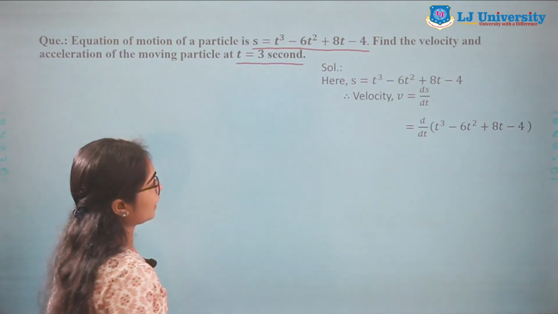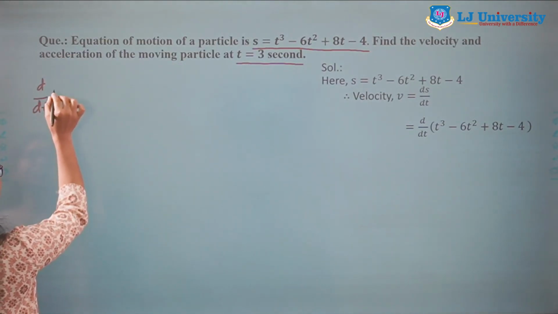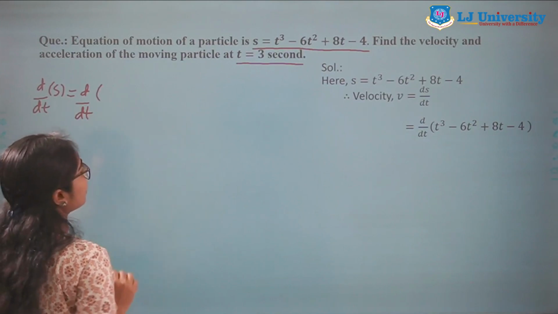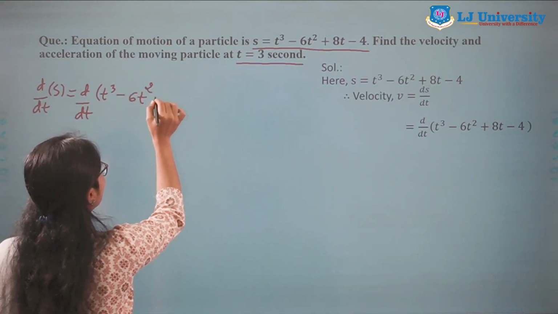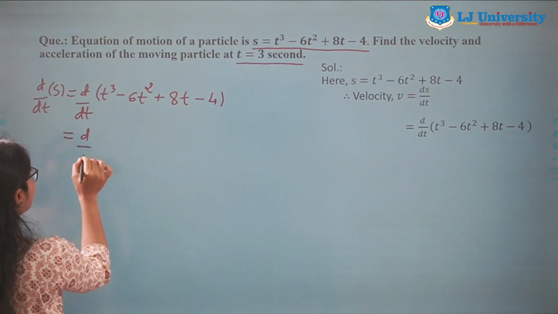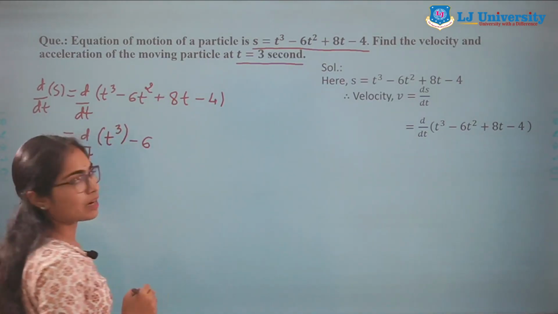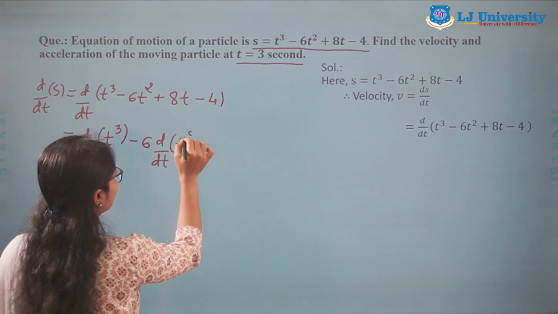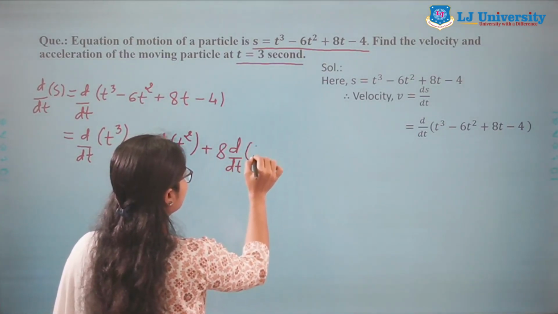So let's find the derivative of s. d by dt of s is d by dt of t cube minus 6t square plus 8t minus 4, which equals d by dt of t cube minus, we take the constant outside the derivative, 6 into d by dt of t square plus 8 into d by dt of t.